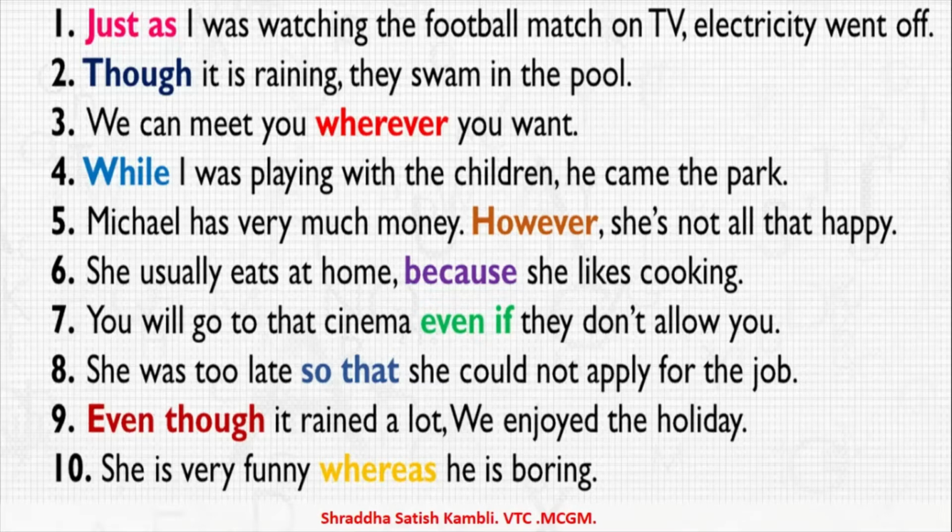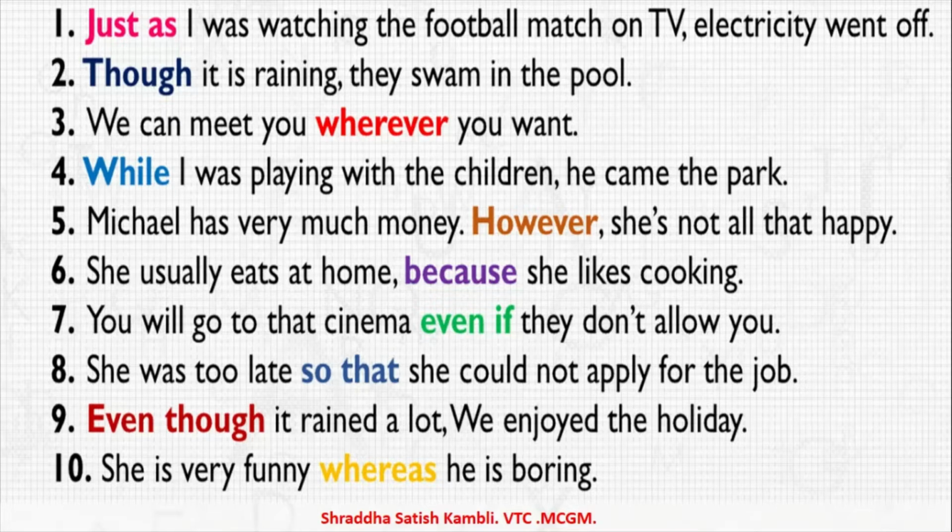Just as I was watching the football match on TV, electricity went off. So see, here the conjunction, even though it is joining the two sentences together, doesn't come in the middle of the two phrases. It comes in the beginning of the sentence. Just as. Look at the second sentence here again. The conjunction appears in the beginning of the sentence.